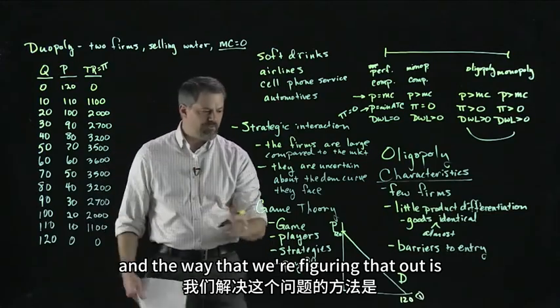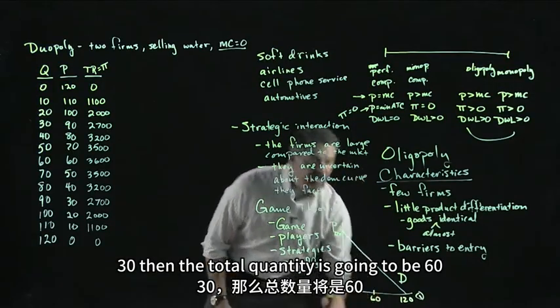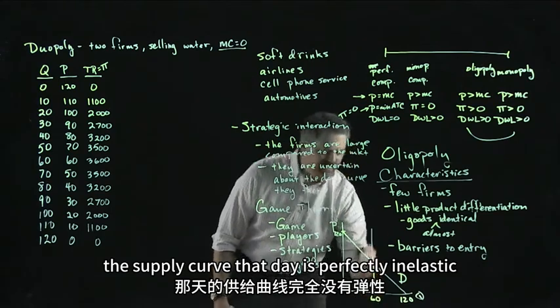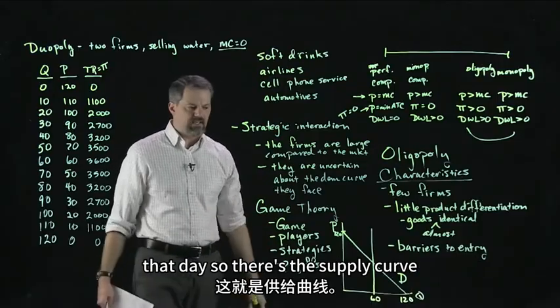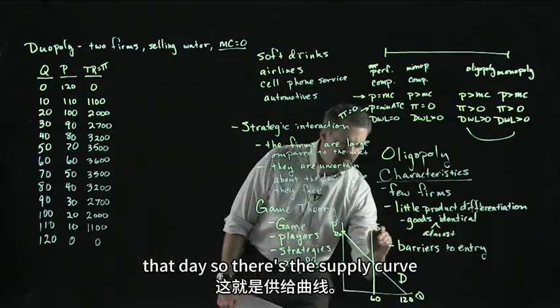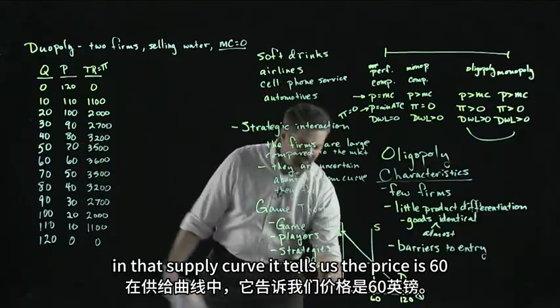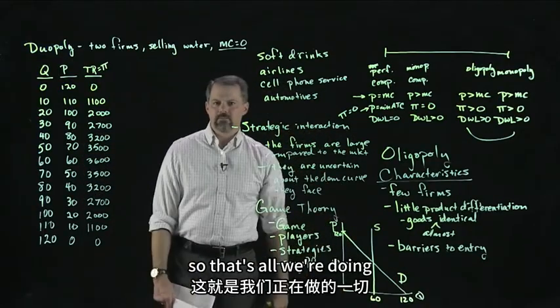And the way that we're figuring that out is if we both bring 30, then the total quantity is going to be 60. The supply curve that day is perfectly inelastic because the quantity of water is whatever we brought that day. So there's the supply curve. If we look at a quantity of 60 in that supply curve, it tells us the price is 60. So that's all we're doing.